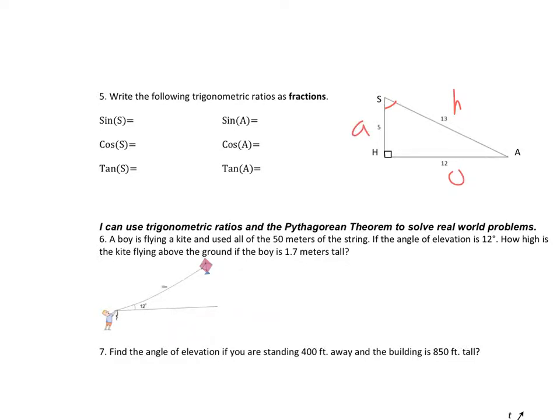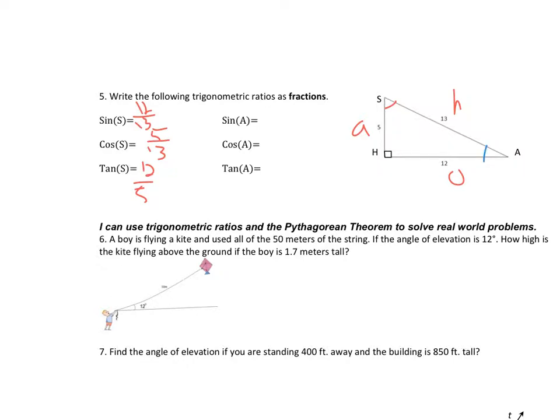So sine is O over H. So this would be 12 over 13. Cosine is adjacent over hypotenuse, so 5 over 13. And then tangent is opposite over adjacent, so we get 12 over 5.